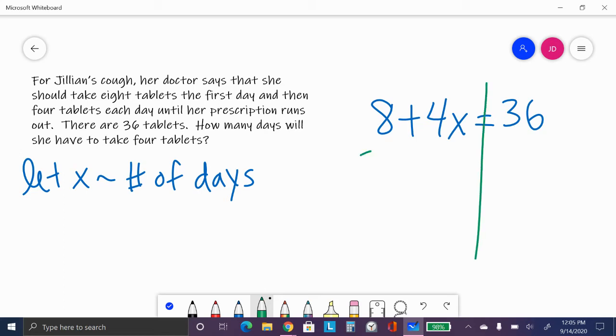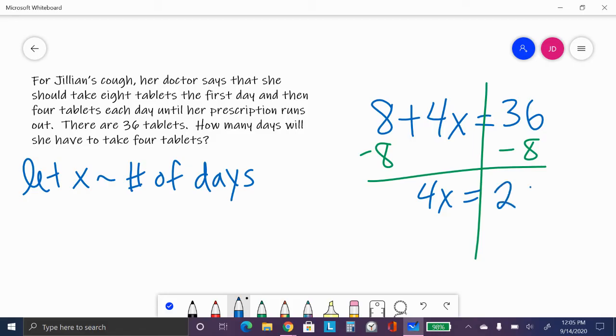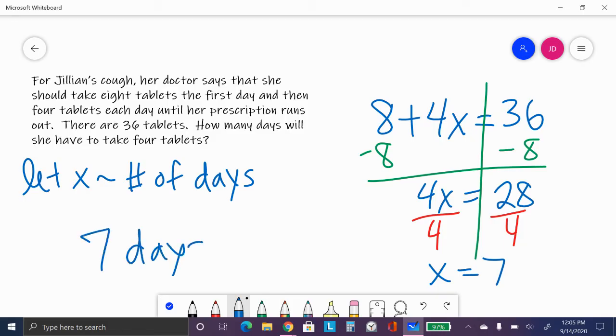We subtract 8 from both sides, and we get 4x is 28. Divide both sides by 4, and we get x is 7. So the number of days is 7. 7 days for her prescription.